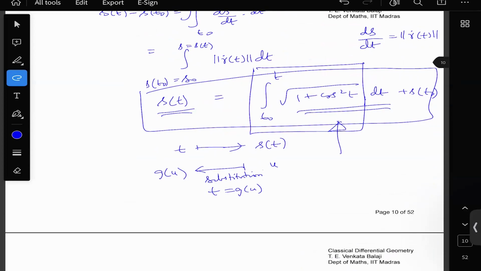So you see, this theoretical way of trying to show that there exists a reparametrization for unit speed, if you try to practically implement it, is not going to work. You might encounter an integral which you have to invert, and that may be undoable. So it's practically impossible to use this.